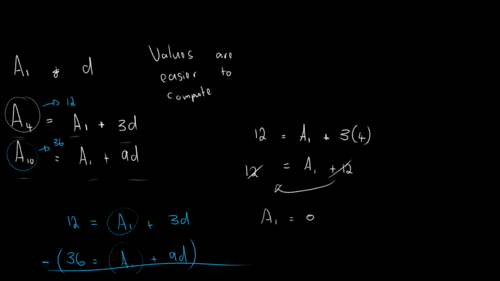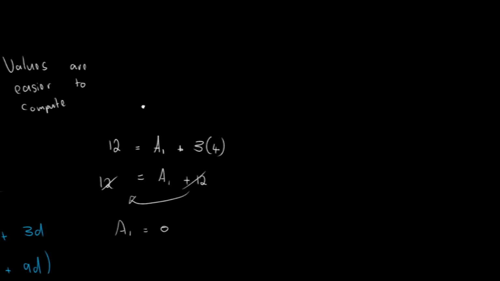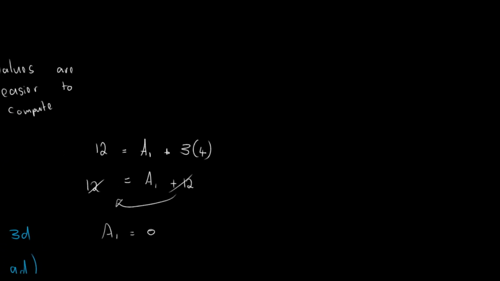Now let's see if this makes sense, right? Let's create a sequence here. So we know the fourth term needs to be 12. I'm going to start with 0. That will be A1. Then I'm going to go to 4, 8, because remember we found our common difference. Our common difference is an addition of 4.